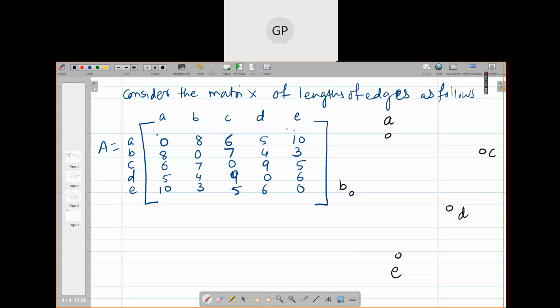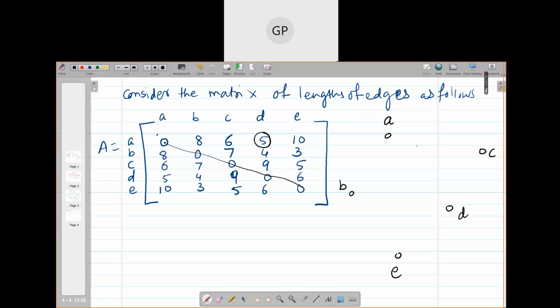Go to the first row, except the diagonal elements. Which number is the smallest in the first row? Don't say 0, because from vertex to vertex the distance is 0. Now which element is smallest in the first row? 5. 5 is the smallest.